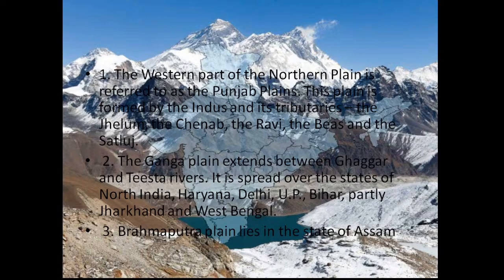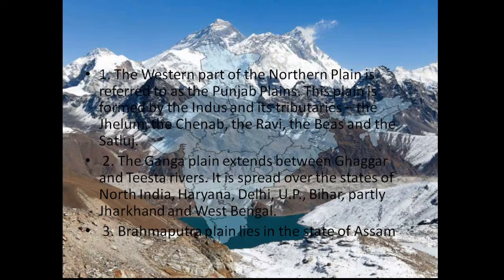This region, between 300 kilometer and 150 kilometer wide, narrows towards the east. The northern plains are broadly divided into the Indus river system in the west and the Ganga Brahmaputra river system in the east.